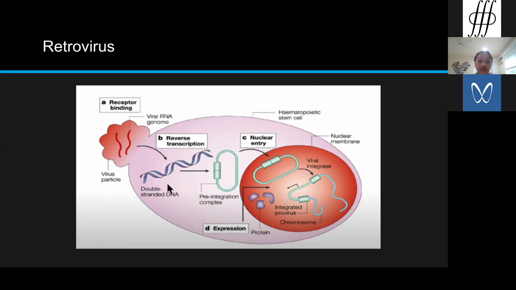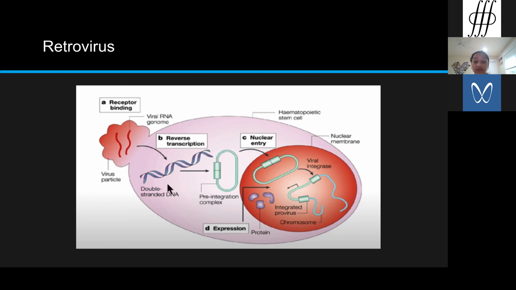So yeah, it's kind of shown in the image here, right? So you have the viral RNA genome, and then through reverse transcription, you convert it to a double-stranded DNA, and then there's the formation of the pre-integration complex, and then it just enters the nucleus, and then the protein is eventually expressed.